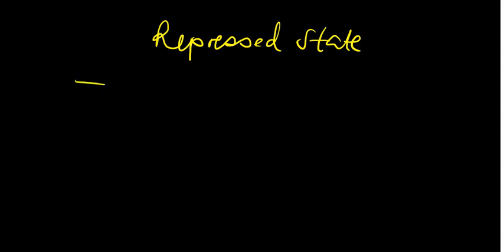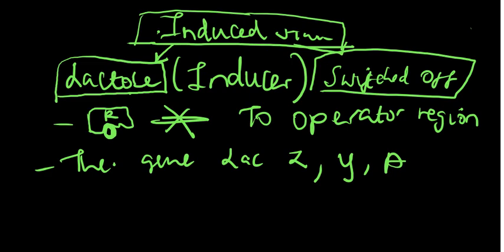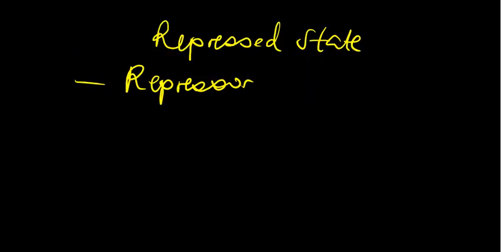When it's in its repressed state, it means what? The repressor, so they just go hand in hand. Let me go back to this before I go to the repressed state.